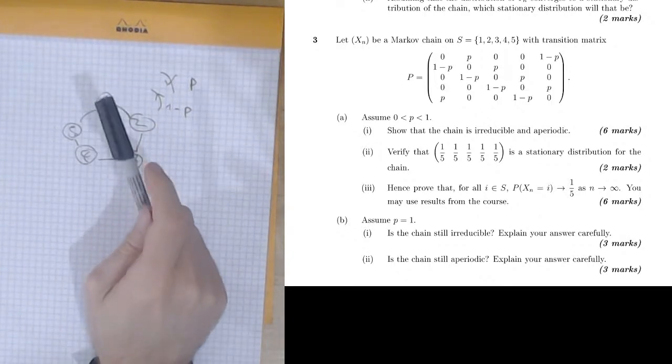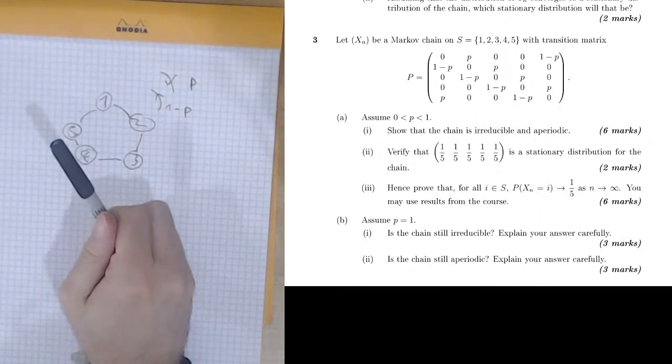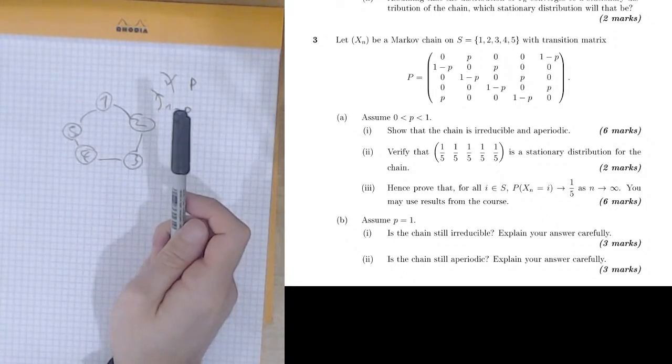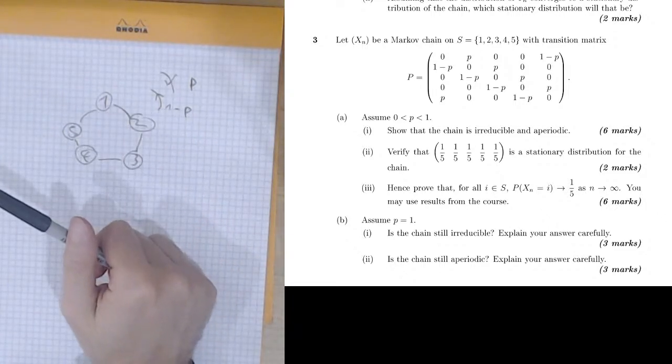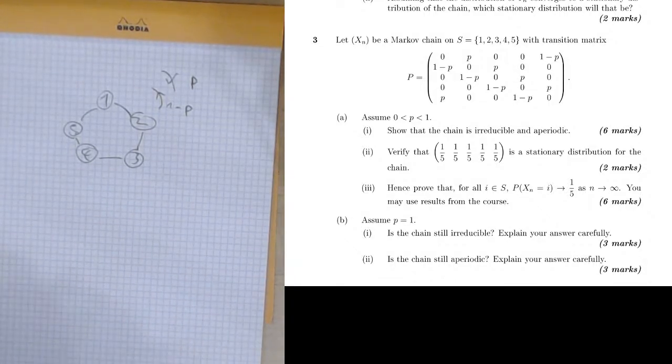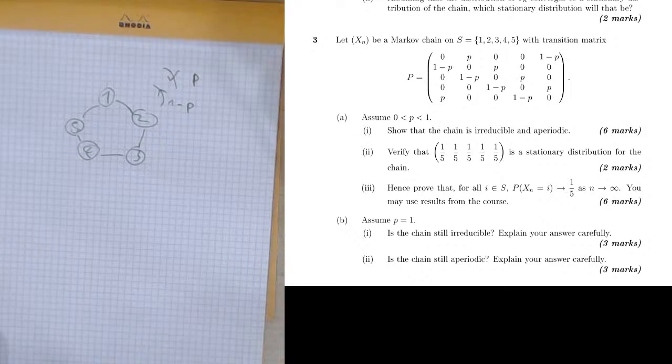I said 6 at some point, 5 steps. And the GCD of 2 and 5 is 1, and that's why the period is 1. Sorry. And that's why we have irreducible and aperiodic.